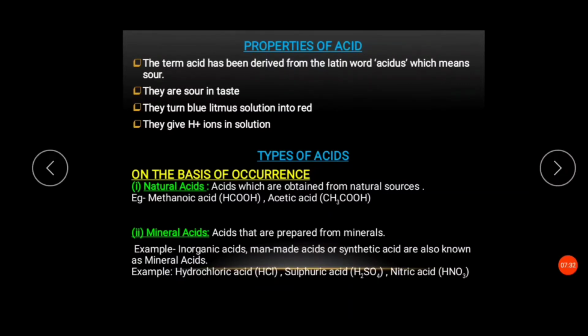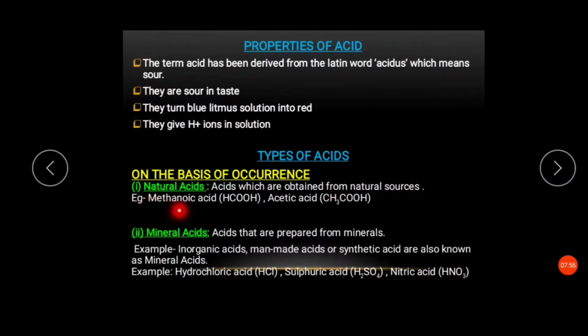Okay. Types of acid. Now there are different kinds of acid. First we will study on the basis of occurrence. On the basis of occurrence, there are two kinds of acid: natural acid and mineral acid. Natural acids, as the name suggests, are obtained from natural sources, either from plants or animals.